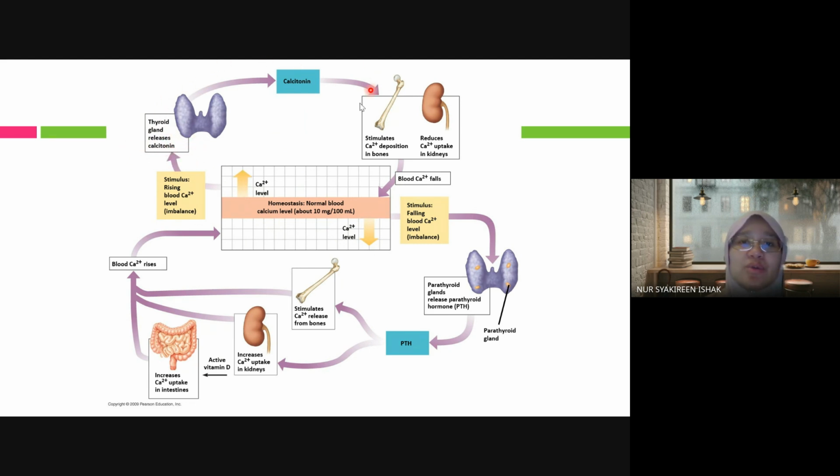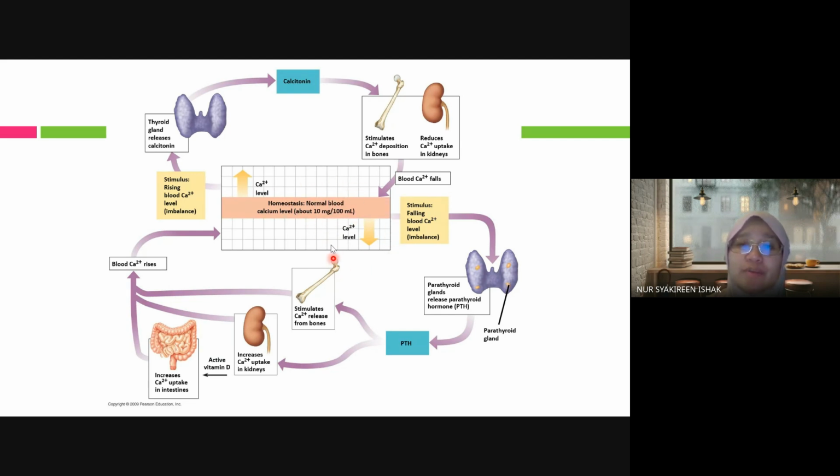So calcitonin will deposit the excess calcium into your bones. Kalau dia kanak-kanak, dia akan jadi tinggi lah kan. And then it also reduces calcium uptake by the kidney, so it is excreted from the body. And then calcium level falls again to the normal set point.